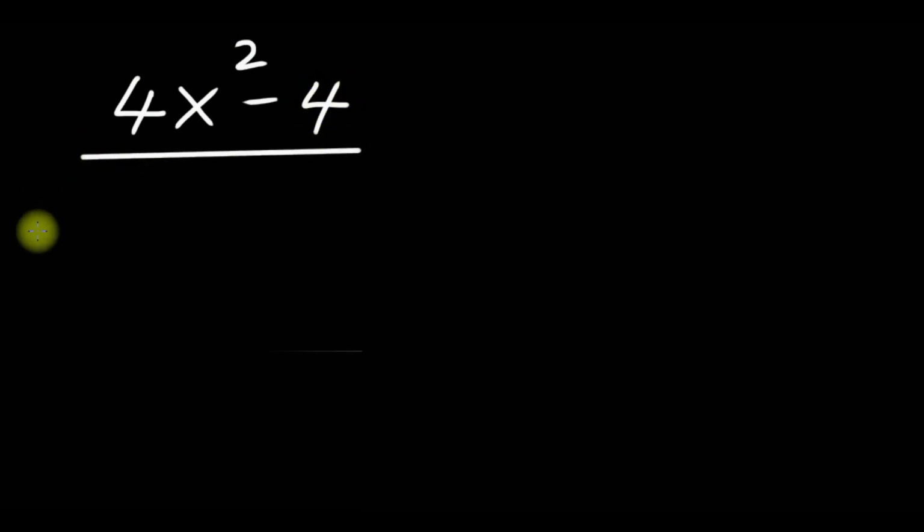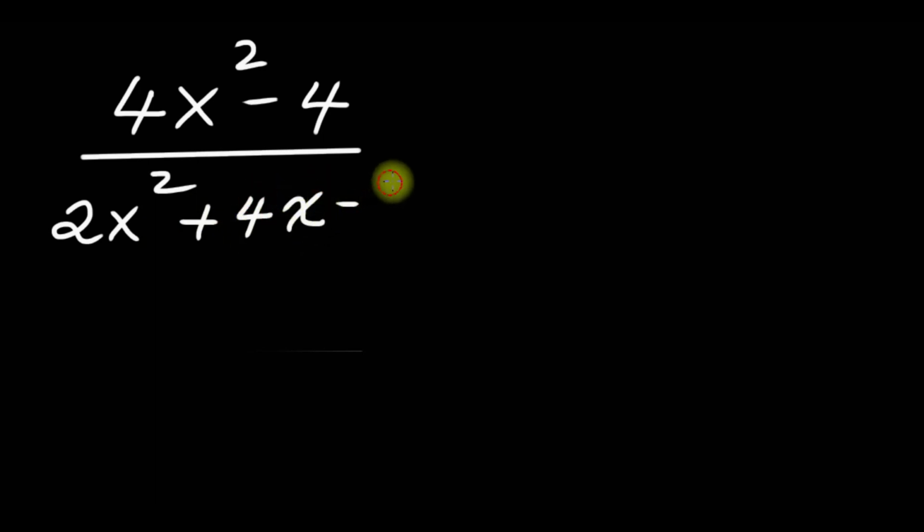Okay, so let's take a look at another example. So this one we have 4x squared take away 4, divided by 2x squared plus 4x minus 6.